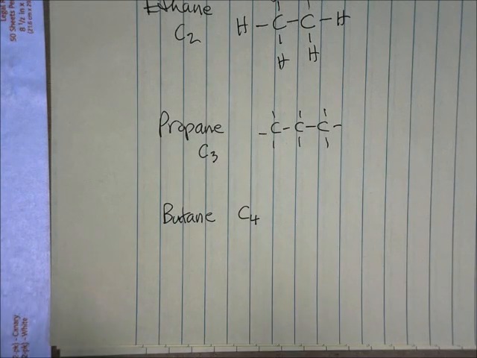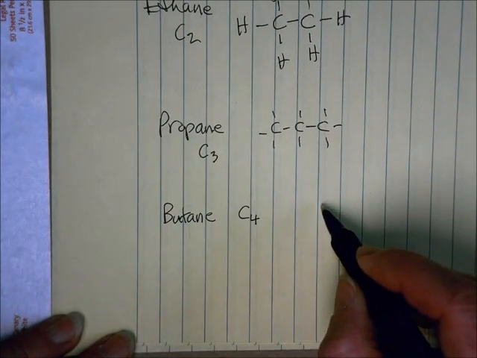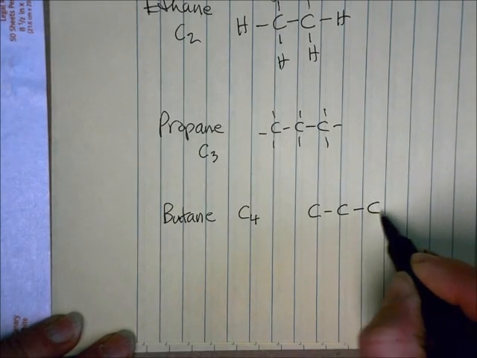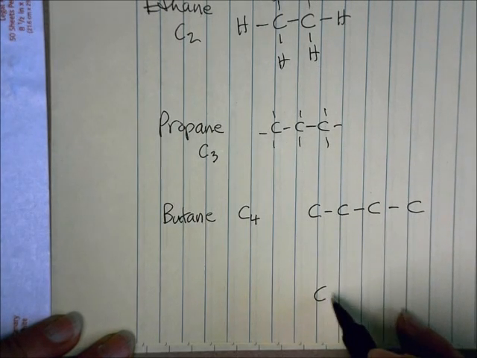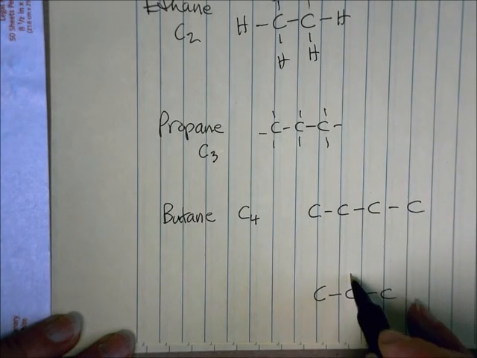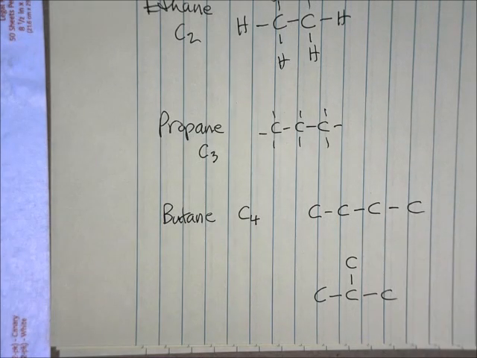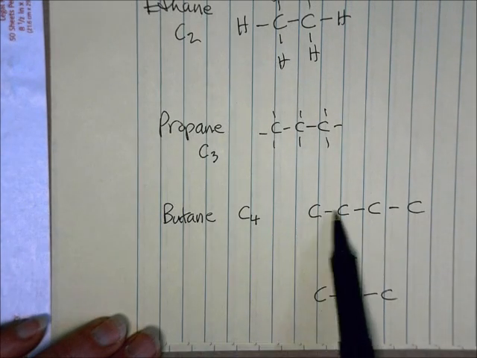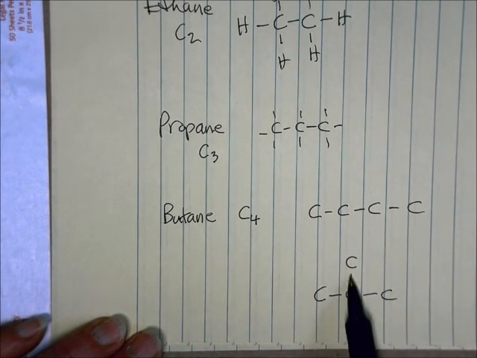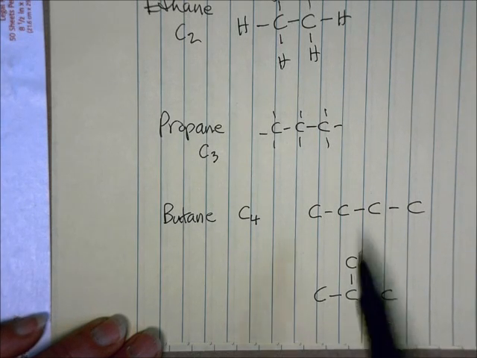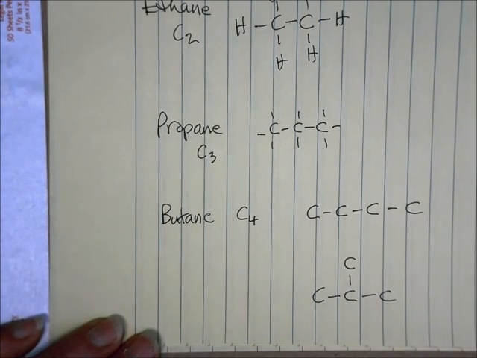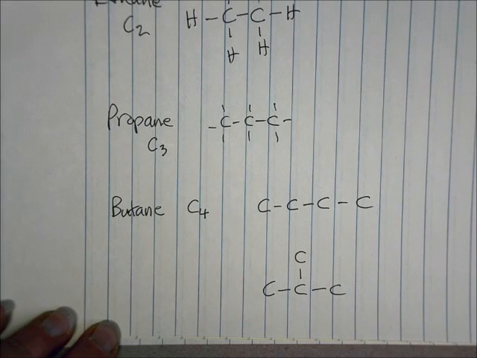There's 2 different ways that you can hook 4 carbons together. You can do them all in a row, or you can hook them together like that. So you can see these are all lined up. This has an arm going off of it. And then of course you hook all the hydrogens to that. The one that's all in a row is called normal butane.